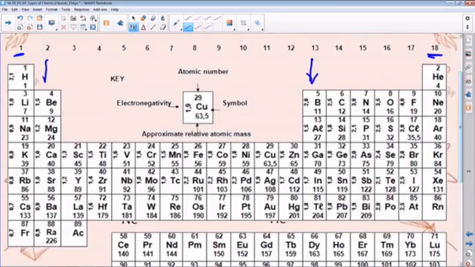So these vertical columns represent the groups, right? And then the horizontal rows, take for example from potassium, calcium, going in that direction, are what we call the periods. So just to remind each other of what the periodic table entails.